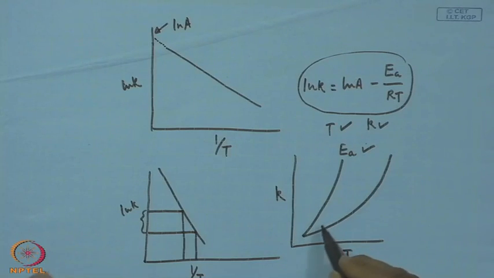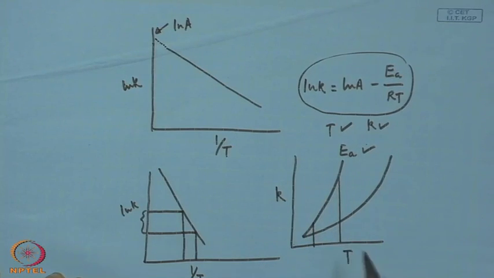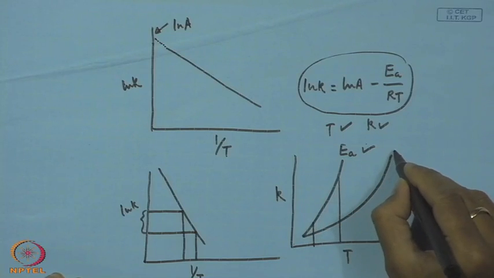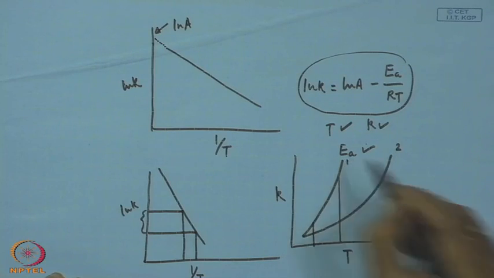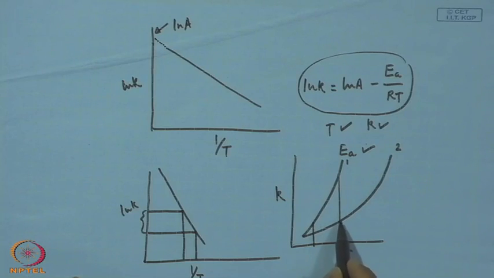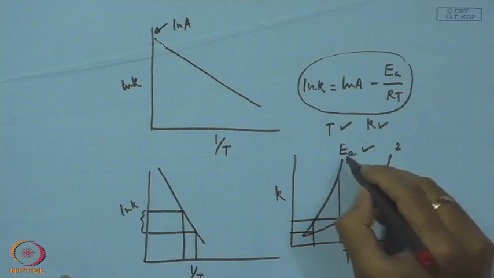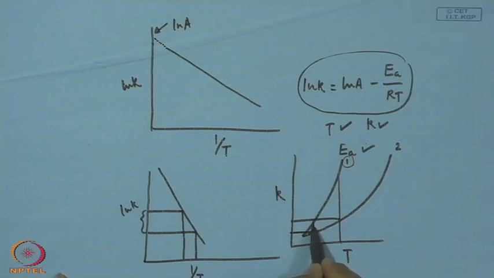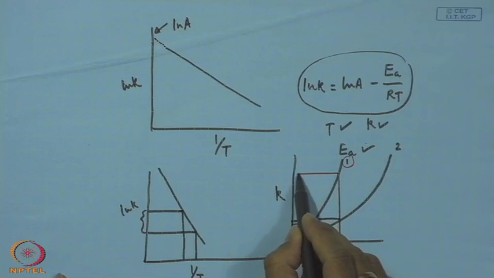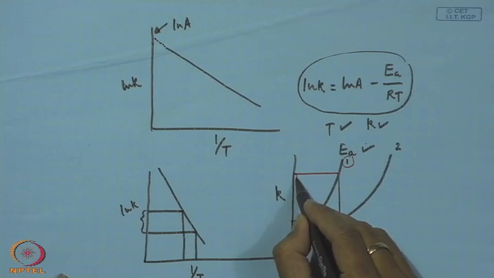So, you see if you have a change of temperature from this value to this value, for the second one, say this is graph number 2 and this is graph number 1. Okay. So, if you go from here to here for graph 2, you see the change of k is this much, and in the other case, for graph 1, I mean for this one, if you change the temperature by the same amount, it gives you a very high change in the value of k.